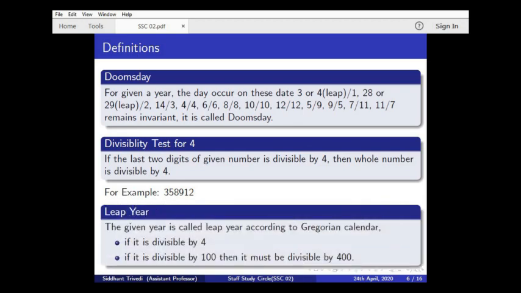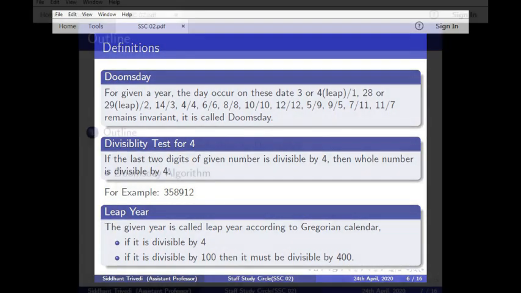The next definition is leap year. A given year is called a leap year according to the Gregorian calendar if it is divisible by 4. If it is divisible by 100, then it must be divisible by 400.